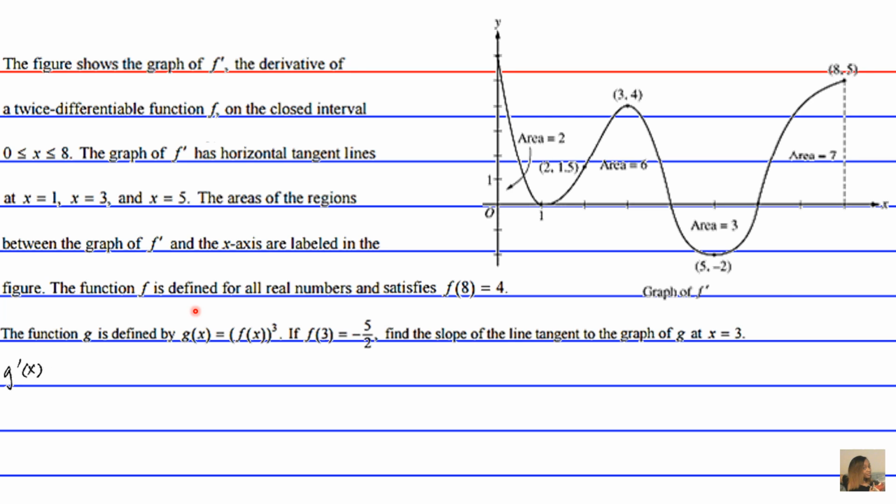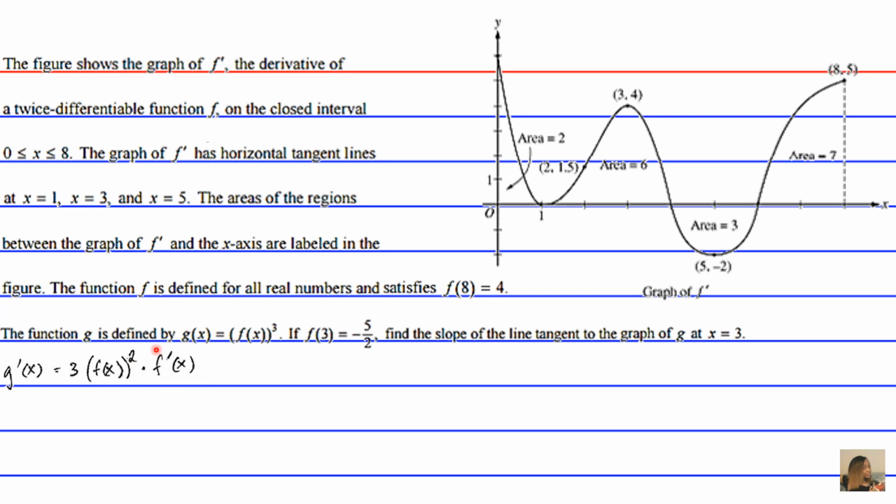So in order to find g prime of x, we have to apply the chain rule. The chain rule says that you take the derivative of the outer function and multiply it by the derivative of the inner function. Using u substitution, here our u is going to be f of x.